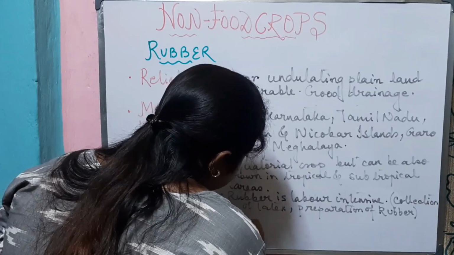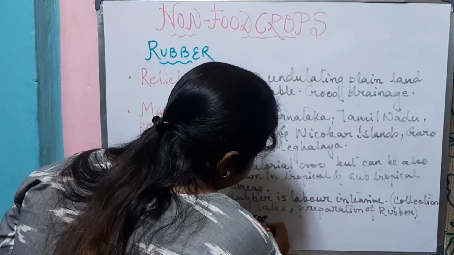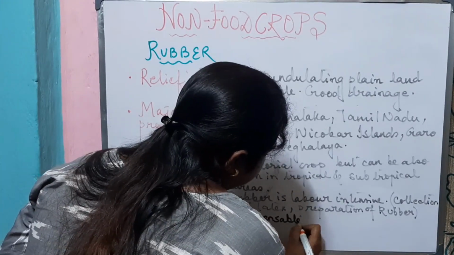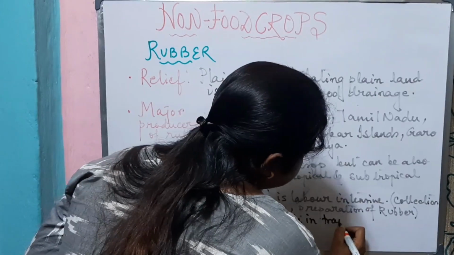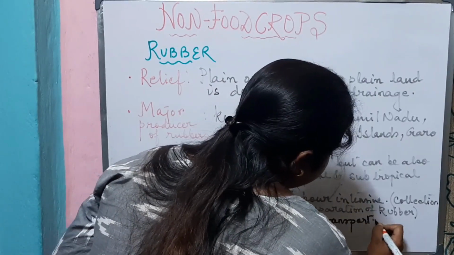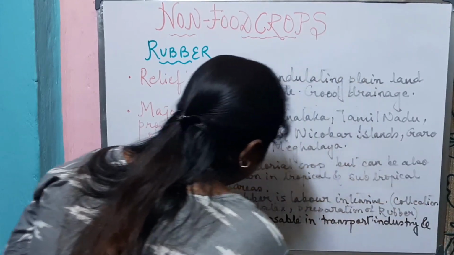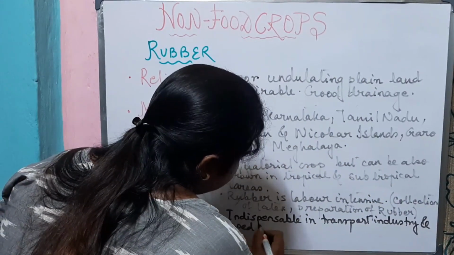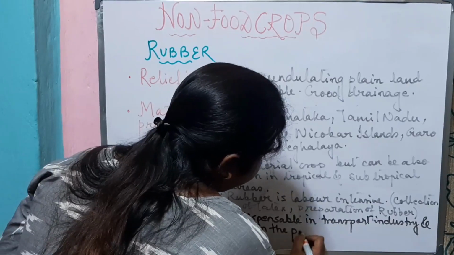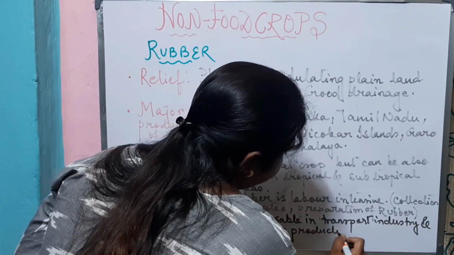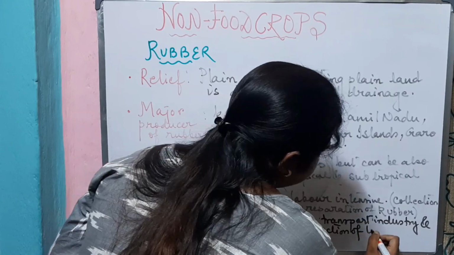Rubber is indispensable in the transport industry and is used in the production of tubes and tires.